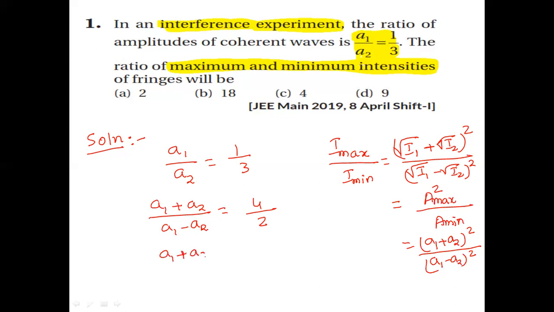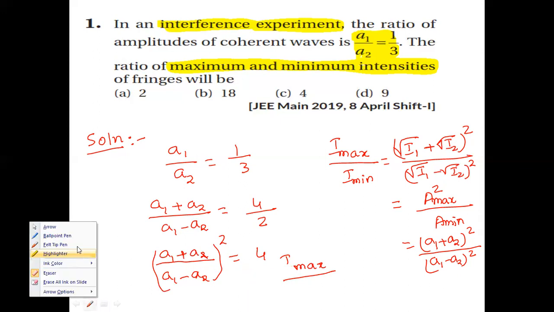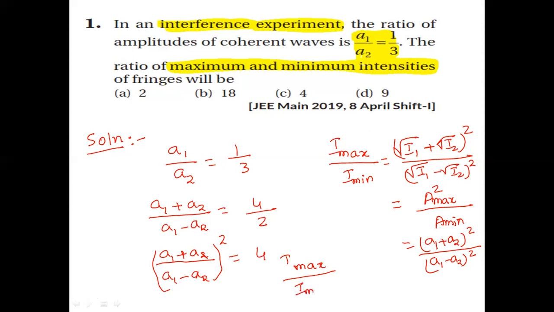So A1 plus A2 by A1 minus A2 whole square will be 2 by 1 whole square. So I max by I min, the ratio of maximum intensity to the minimum intensity, is given as 4 by 1. 4 is to 1, that is option C.